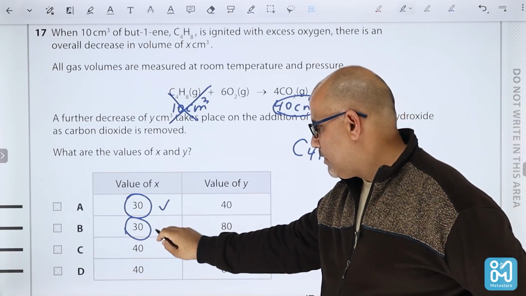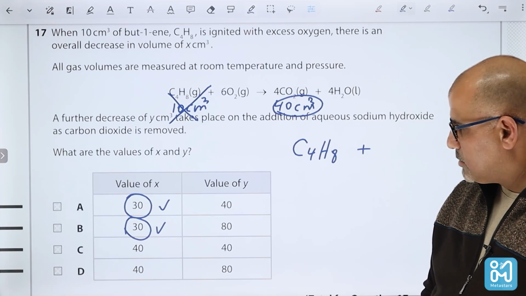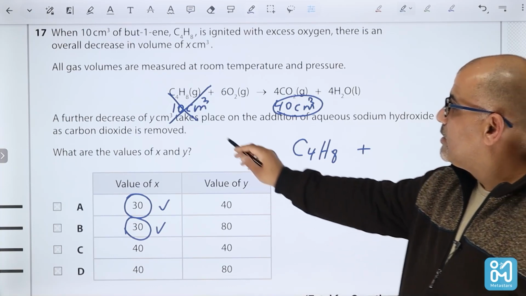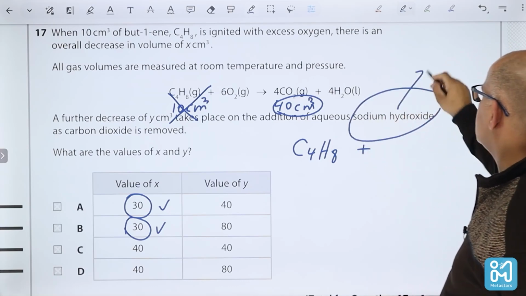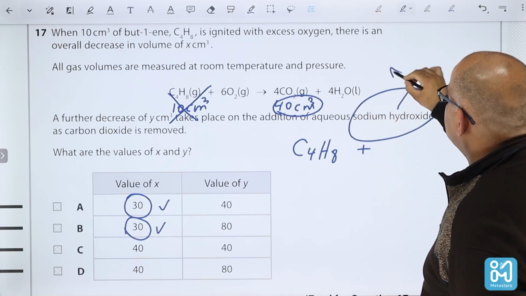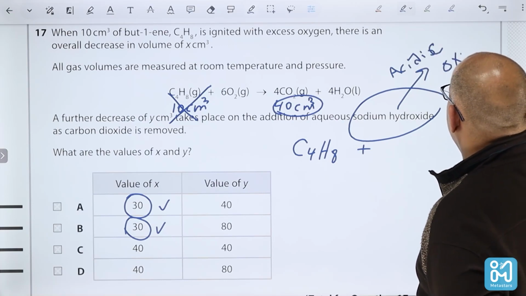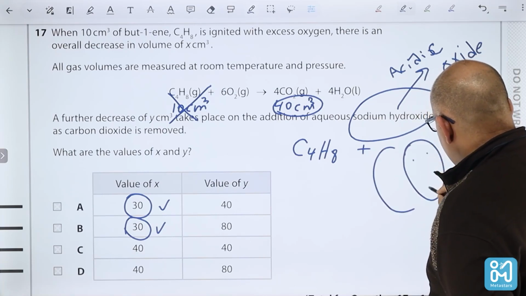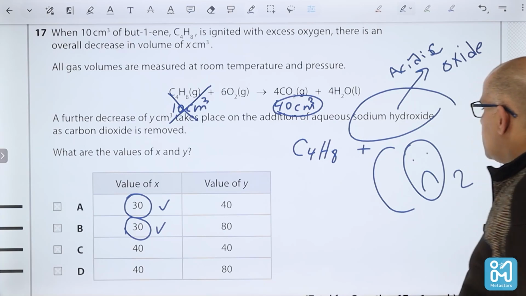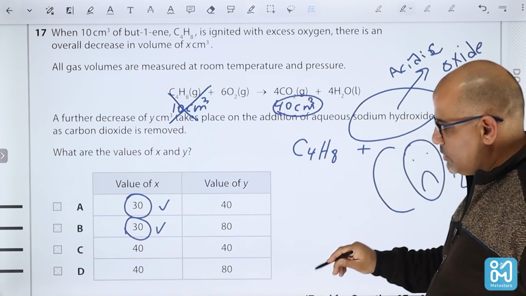But if this is correct, not all the other answers are correct, since the further decrease by sodium hydroxide is to remove acidic oxide. The acidic oxide is CO2. Because CO2 is an acidic oxide, it can be removed by sodium hydroxide.